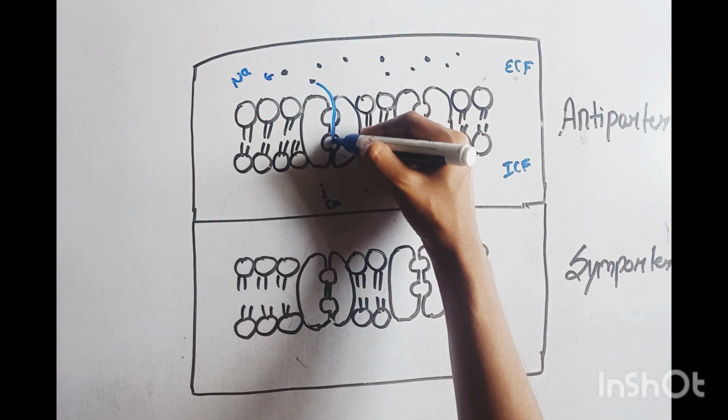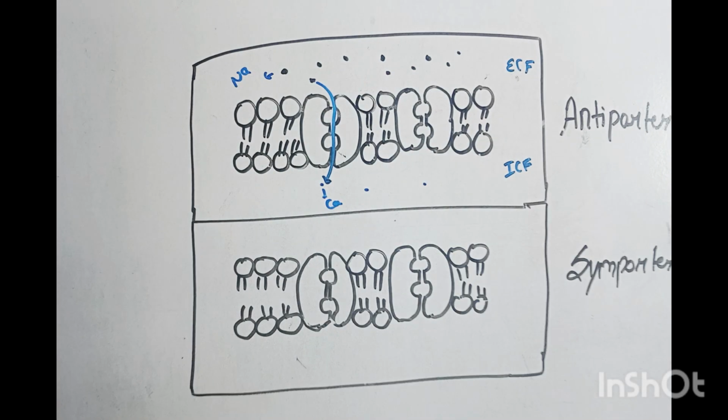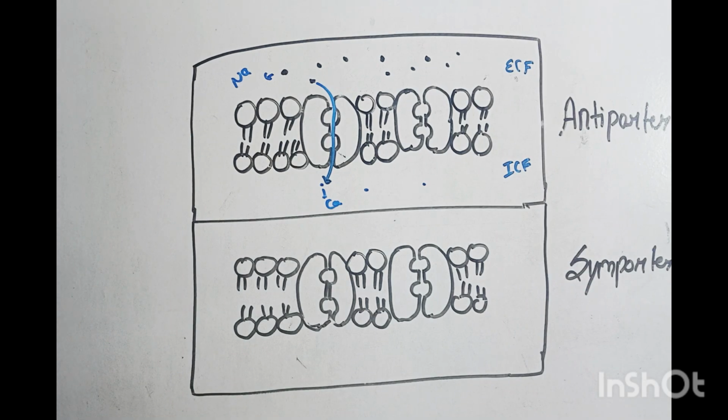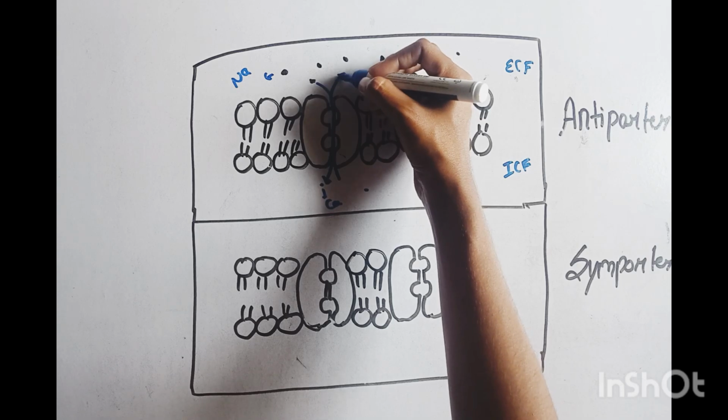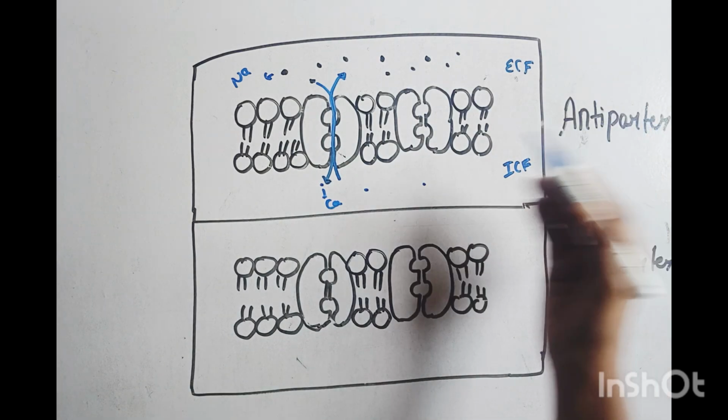The sodium moves from high concentration to low concentration, along with another substance, the movement of calcium from low concentration to high concentration.